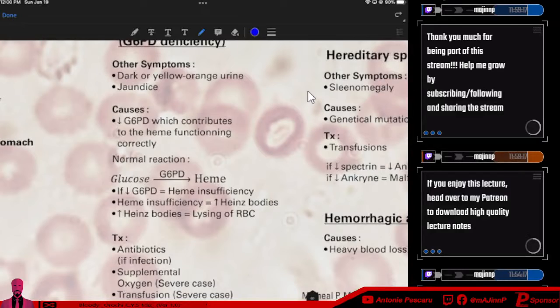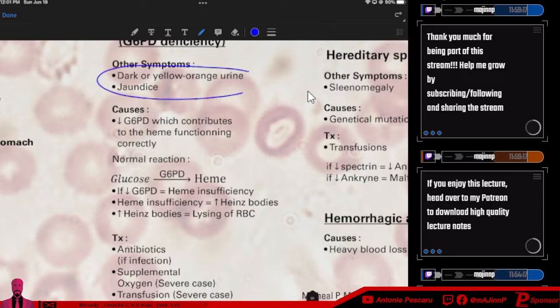If you remember, when you lyse the red blood cell, it has to get digested one way or the other. If you lyse too many blood cells, you have an increase of bilirubin inside of the bloodstream, which leads to an increase of urobilinogen, and that's what kind of causes the jaundice. Actually, the unconjugated bilirubin is going to cause the jaundice.